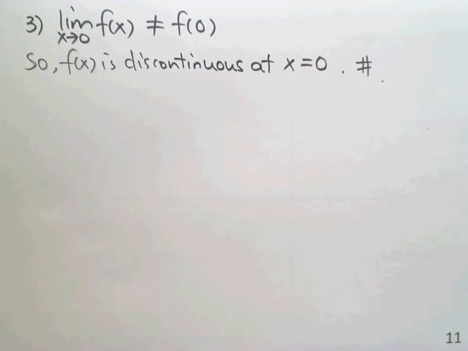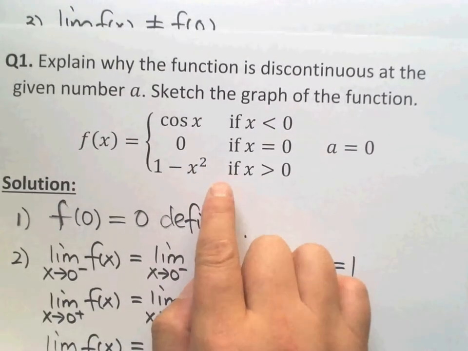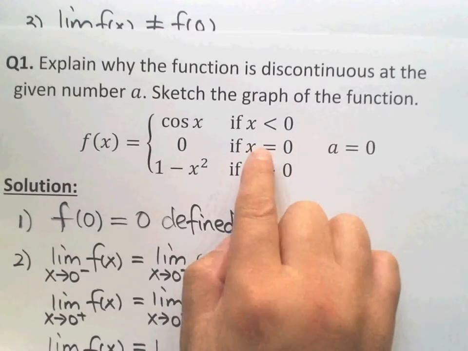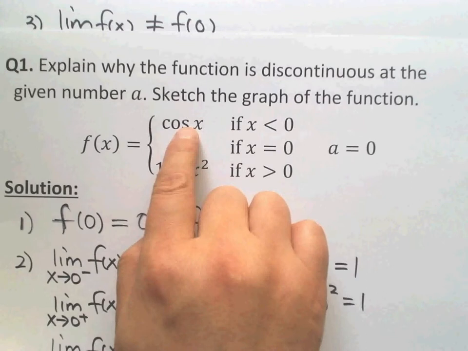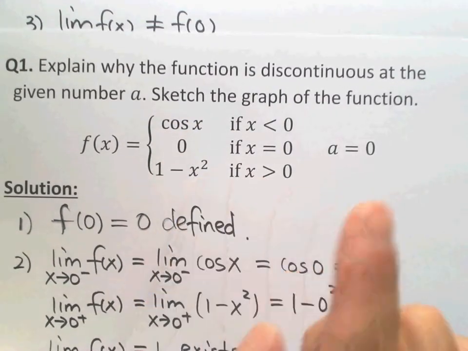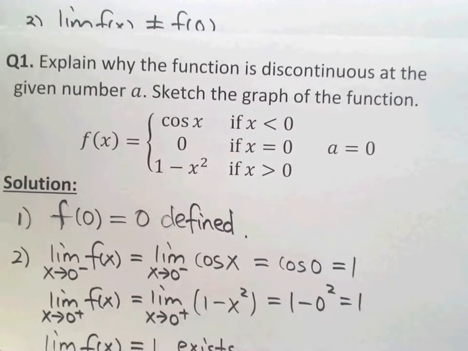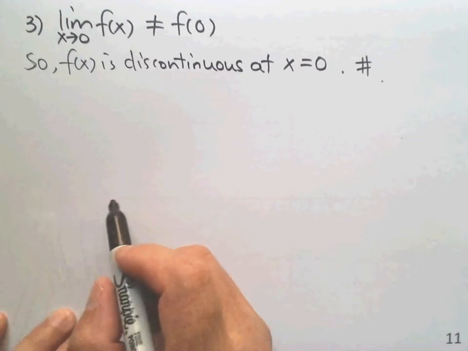The second, I need to draw the graph, right? How do you draw a piecewise function? How many pieces this time? x equals 0 is a point, so we cut. The left, less than 0, is cosine, one part. The right side is 1 minus x squared, the second part. So we have two pieces. I will directly draw.